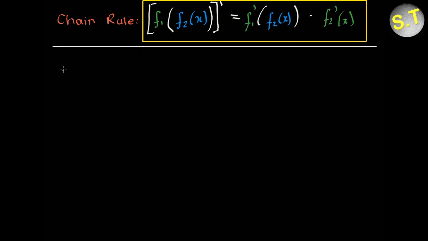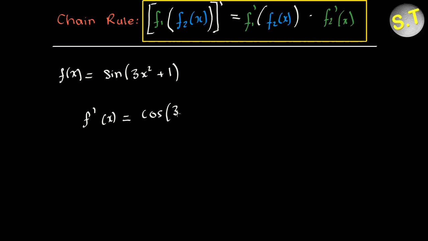So, for example, if our f of x is equal to the sine of 3x squared plus 1, then our f prime of x, using the same notation as before, so the derivative of sine is cosine, so we would have the cosine of 3x squared plus 1 multiplied by the derivative of what's inside the bracket, so multiplied by 6x.